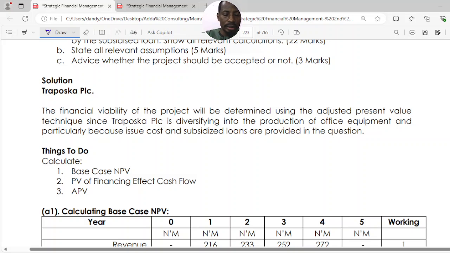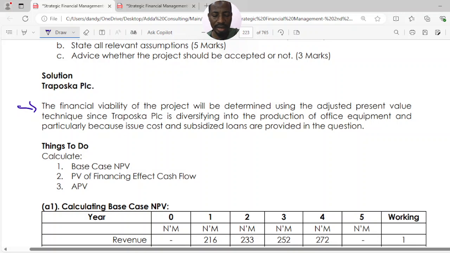The financial viability of the project will be determined using the adjusted present value technique, since Traposca PLC is diversifying into the production of office equipment, and particularly because issue cost and subsidized loans are provided in the question. Therefore, we should use adjusted present value.